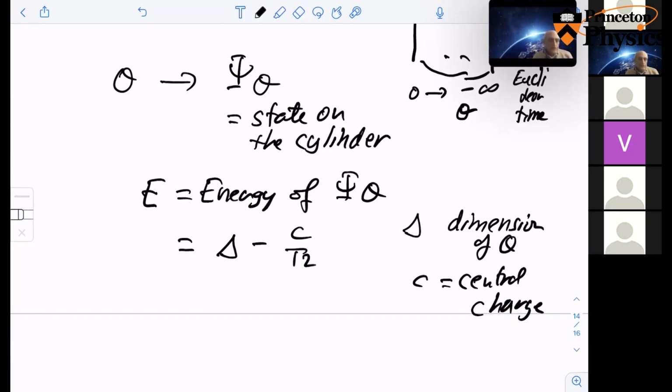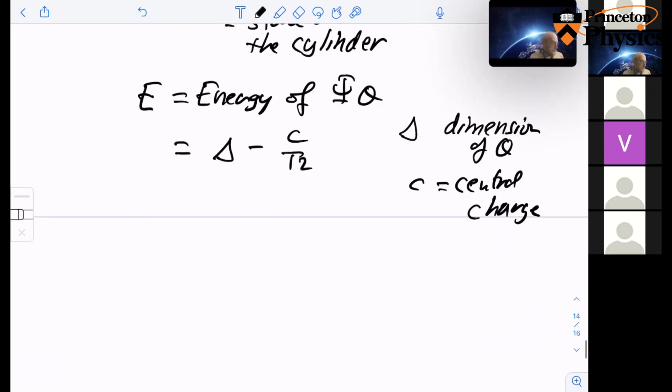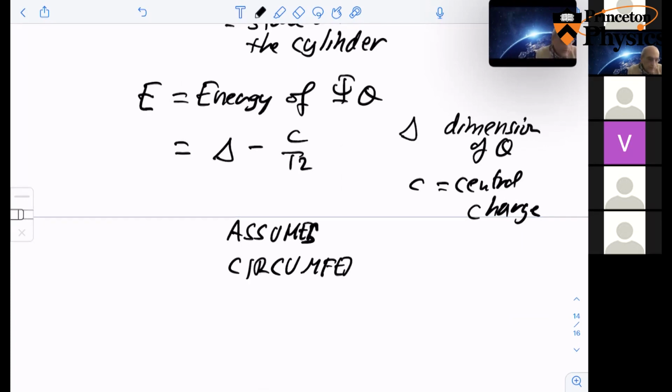For our purposes, this can be the definition of c, although I imagine a lot of you have studied some conformal field theory and are familiar with other definitions. This formula assumes that the circumference of the cylinder is 2 pi.